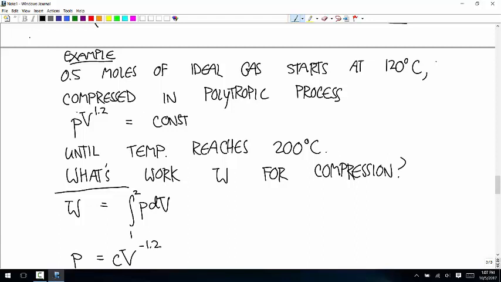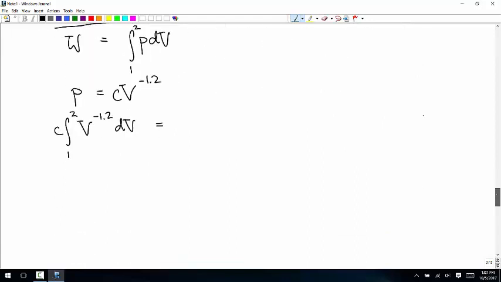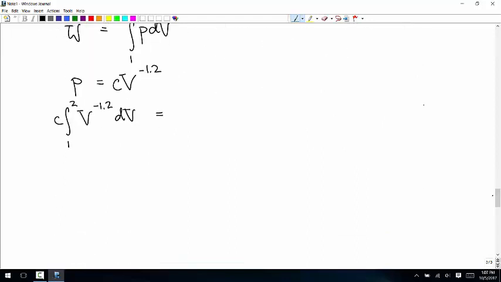So multiply both sides by V to the negative 1.2 to get P by itself as a function of V. So you get V to the negative 0.2 over negative 0.2. You still have the C in there, and that's evaluated from state 1 to state 2.